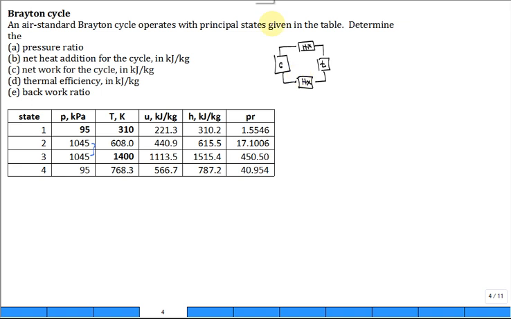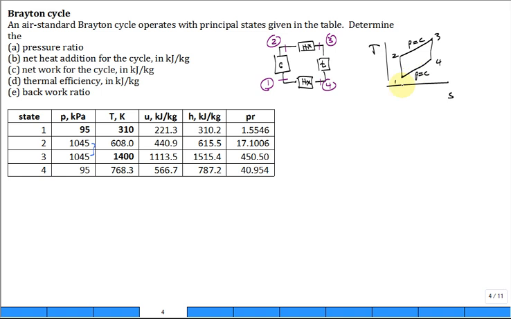And we have state 1 as an inlet, state 2, state 3, and state 4. And we can sketch it on a temperature entropy diagram. True? 1 to 2 to 3 to 4, back to 1. This is P equal to a constant, P equal to a constant.